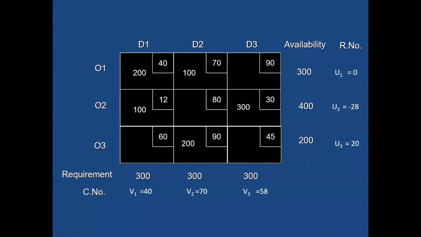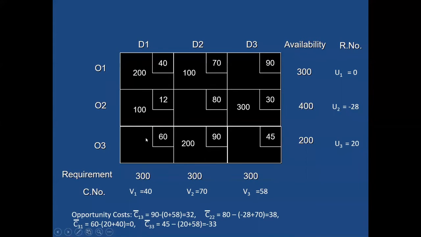Once we get the values of your row numbers and the column numbers, find out the opportunity cost for the unallocated cells. So this cell here, 1, 2, 3, and 4. So there are 4 cells in which I have to find the opportunity cost. Clear? Let us see what we got.